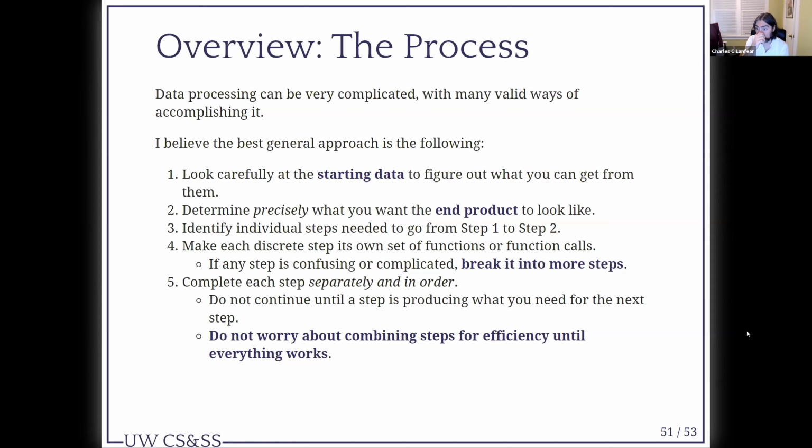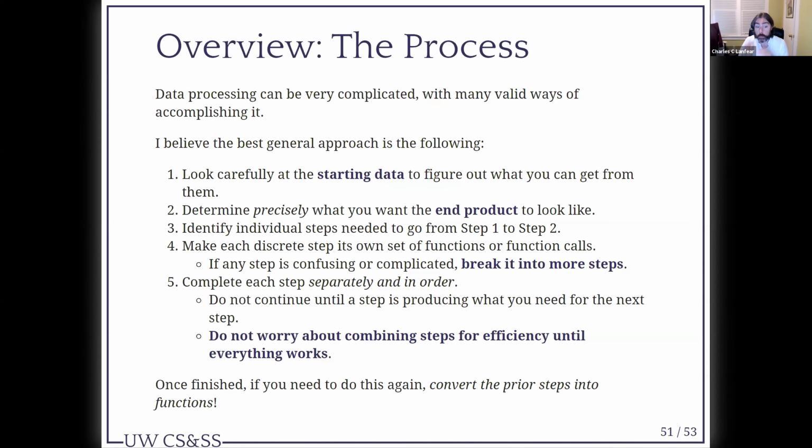You don't usually need to optimize unless there's a good reason. If you've got 500 lines of code for a simple operation, by all means, reduce that so you aren't making mistakes. Okay, once you are finished, if you need to do all this again, convert those steps into functions so that you just call on the functions and it works. But do this process, it will make your life a lot easier. Nine times out of 10, when I'm driving myself insane coding, it's because I'm not obeying my own advice here. So this is also a reiteration for my own benefit. Do these things, it makes my life better.